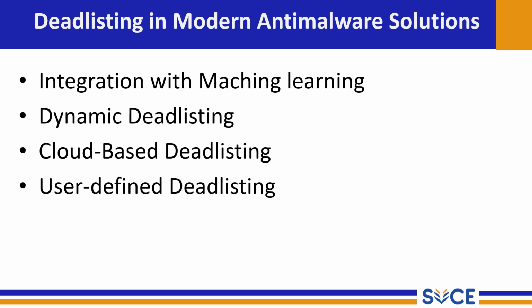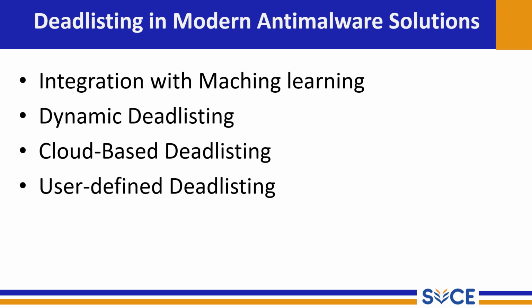And next, integration with machine learning. Machine learning algorithms can be used to automatically identify and deadlist known safe or irrelevant items. This can significantly reduce the manual effort required to maintain the dead list. And next, we have dynamic deadlisting.